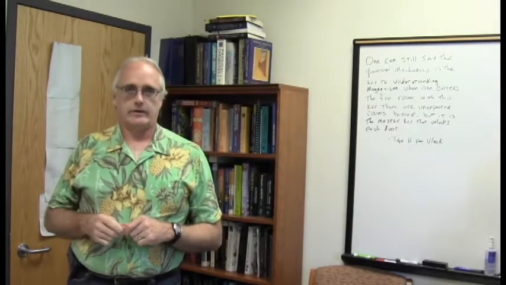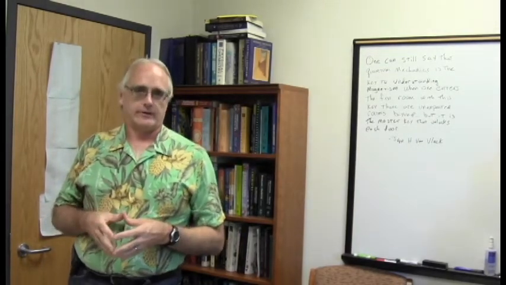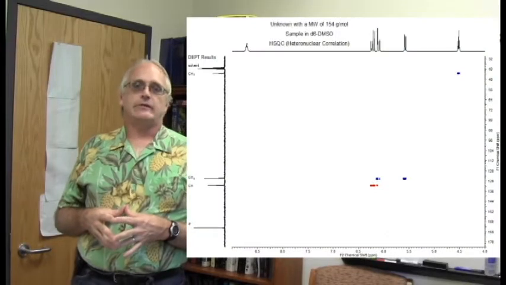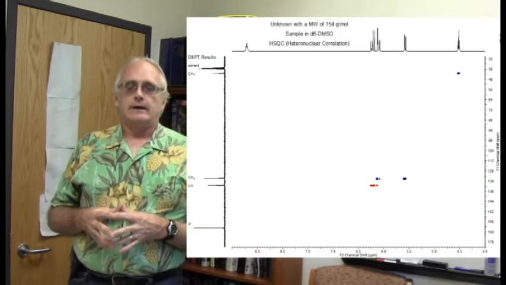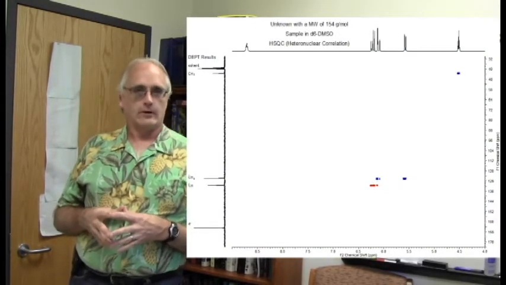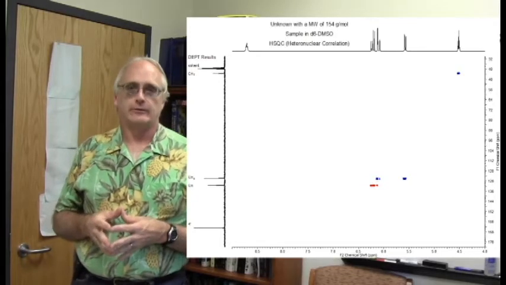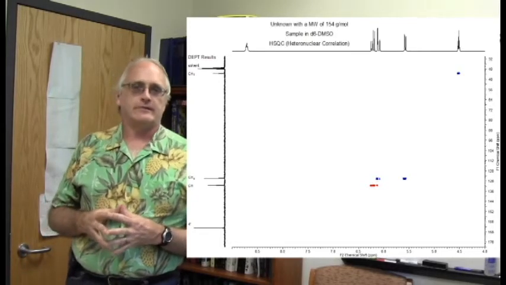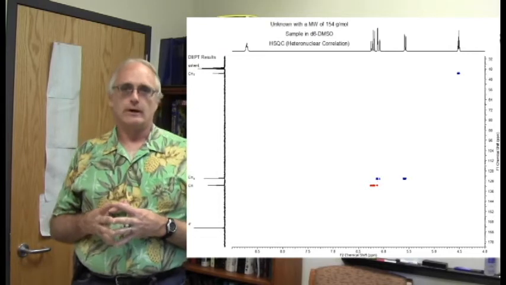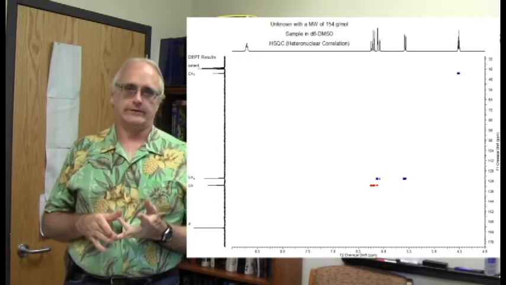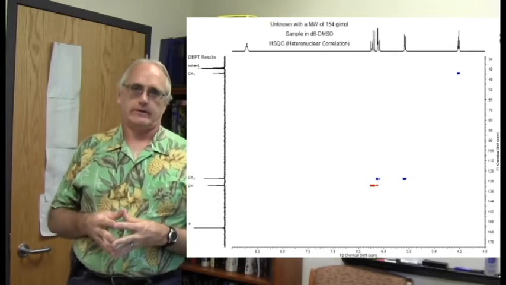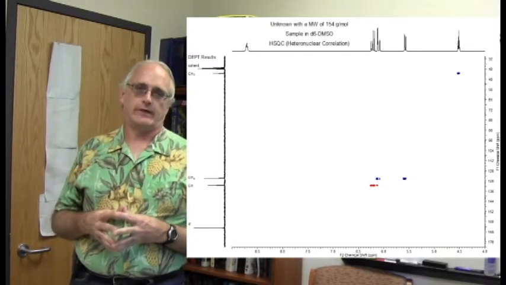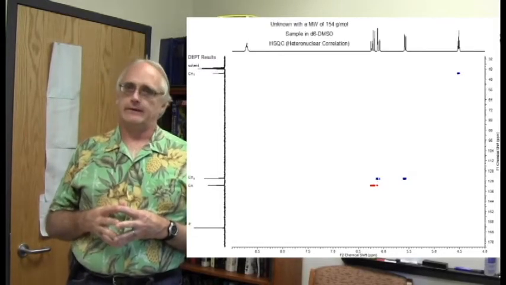So here it is, the first 2-dimensional spectrum. This is called an HSQC, Heteronuclear Single Quantum Coherence or Correlation Spectrum. And sometimes I've seen them referred to simply as HETCOR spectra, Heteronuclear Correlation. It has 2 axes on it, the carbon spectrum on one side, the proton spectrum on the other.